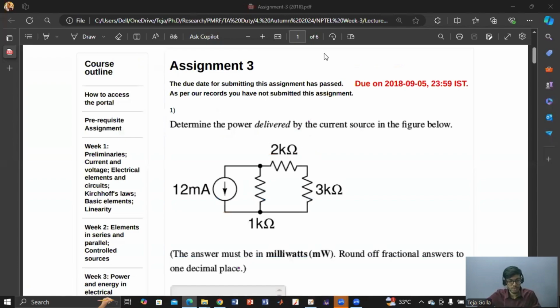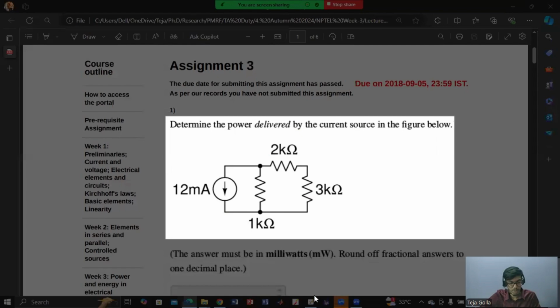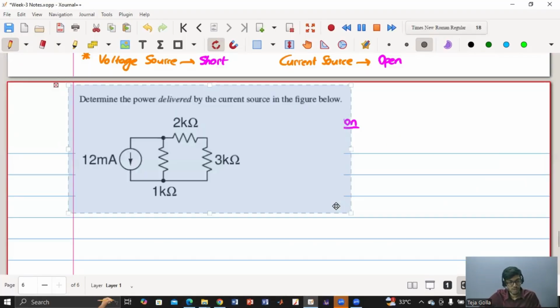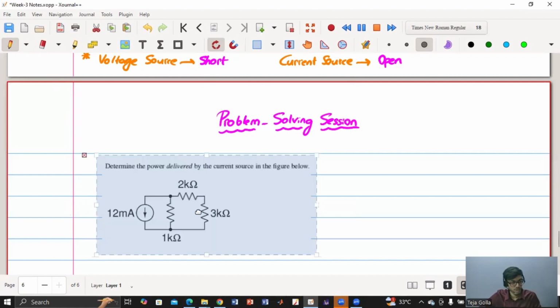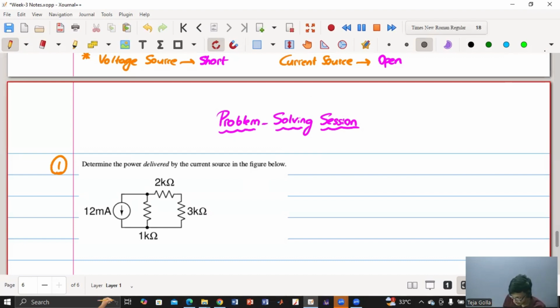I'll solve a few problems for today. The first problem is this: determine the power delivered by the current source below. So this is our problem one. How am I going to solve it? The initial idea is I'll find the effective resistance, R effective. Can someone tell what will be the R effective?